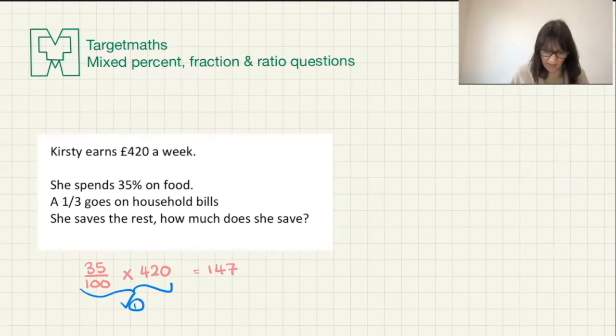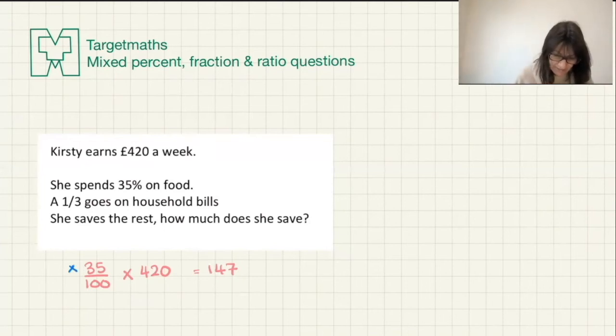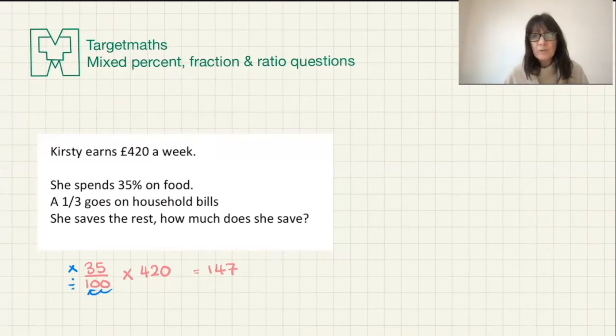And then if you've done that, let's clear that off, and you have to do it by hand, just times by the top, straight into your Chinese method, and then you divide by 100, which remember is just boom, boom, in 2 places when you divide by 100. So it's very doable by hand. It just takes a little bit more time, that's all. So I have just found that she spends 147 on food.